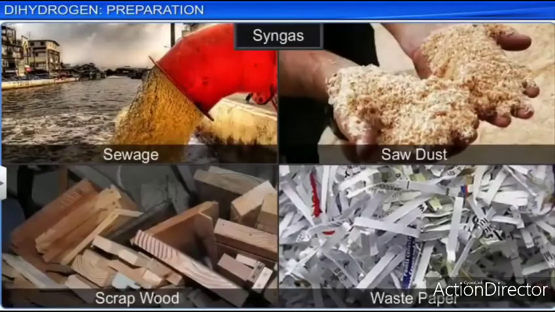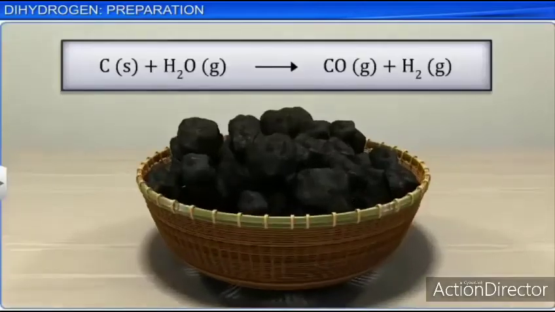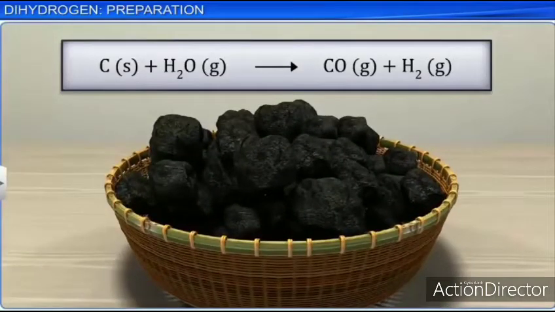Syngas is also produced from sewage, sawdust, scrap wood, waste paper, etc. When syngas is obtained by the reaction of steam on coal, the process is known as coal gasification.